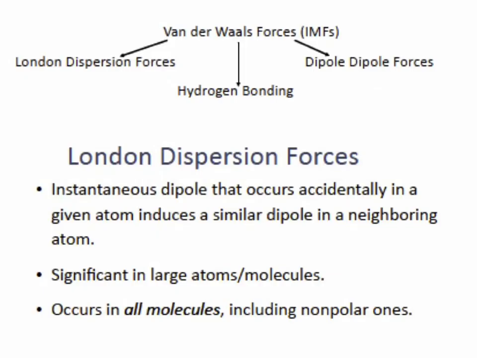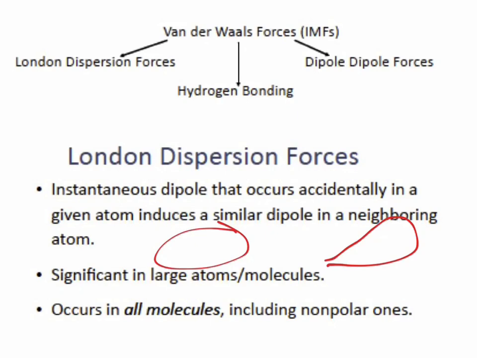All right, so here we go. We're going to talk about these actual forces now. London dispersion forces are the easiest ones. What happens is you have this instantaneous dipole. When it hits a neighboring atom, you will get that instantaneous dipole. You might have an atom that looks like this normally, but once it hits something else, it may look something like that.